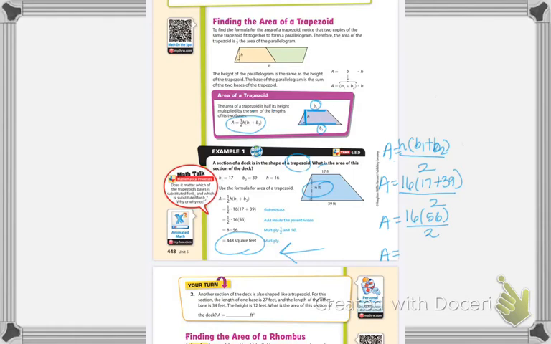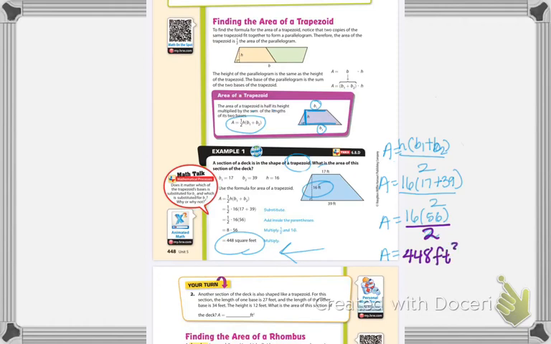So I believe it's gonna give you, let's see here, 56 times 16. When you get that number, you divide it by 2, and it will give you 448.